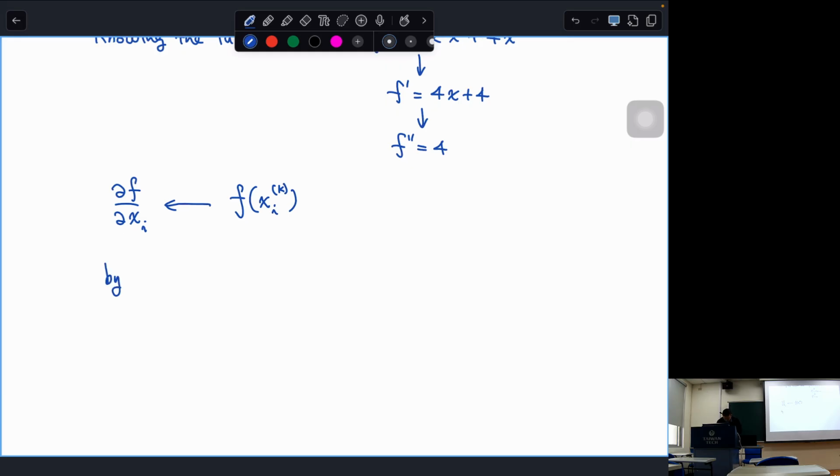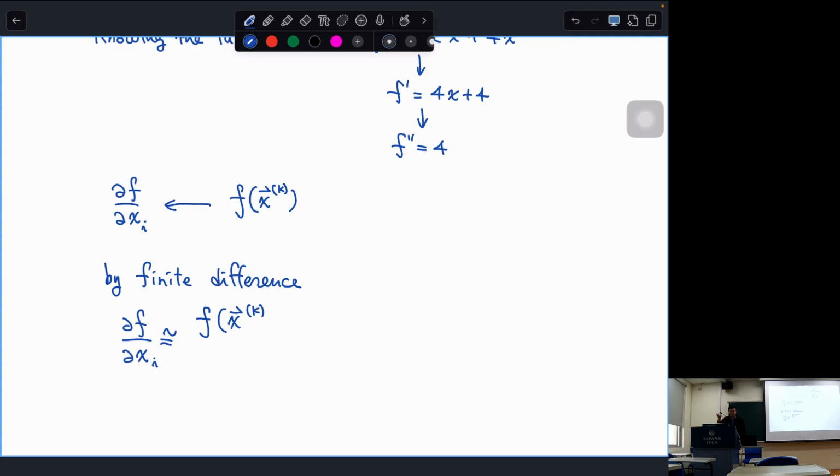So by finite difference, your partial derivatives is close to, by the definition of calculus or definition of derivatives, is close to, actually, multi-dimensional. It's like this, right? Your x is a vector.